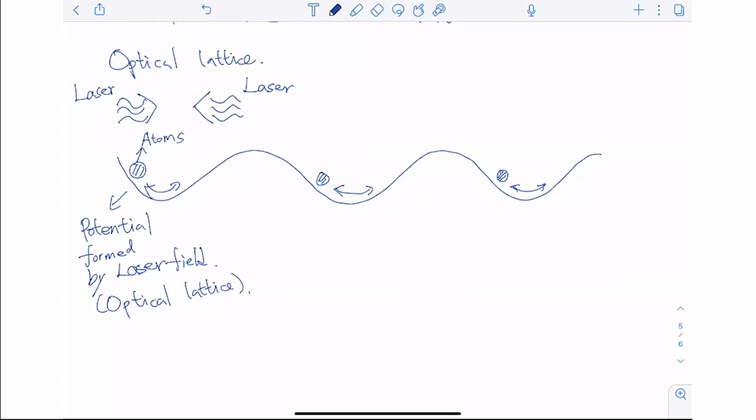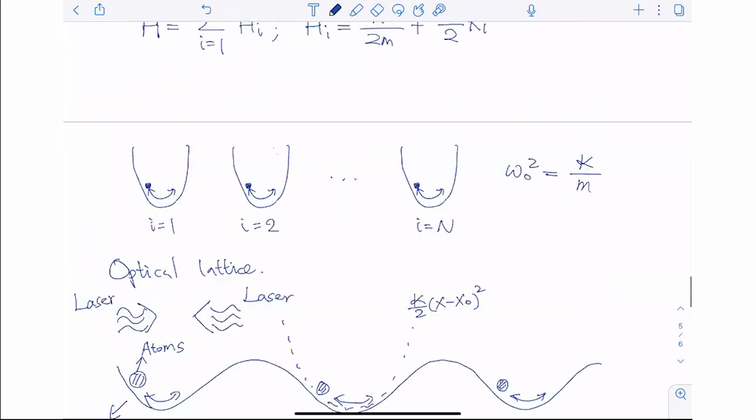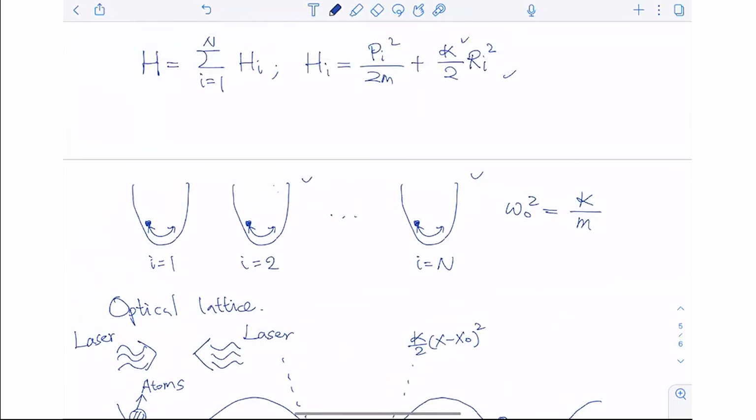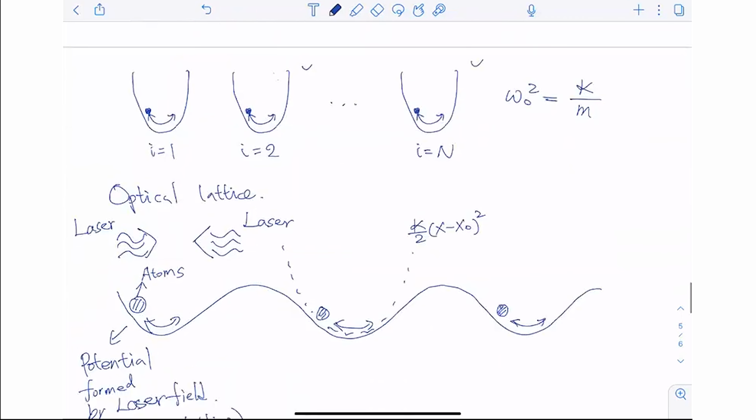And if you approximate the potential profile locally by some kind of quadratic potential nearby the equilibrium position, then you will get this kind of setting where the system is described by a bunch of simple harmonic oscillators.